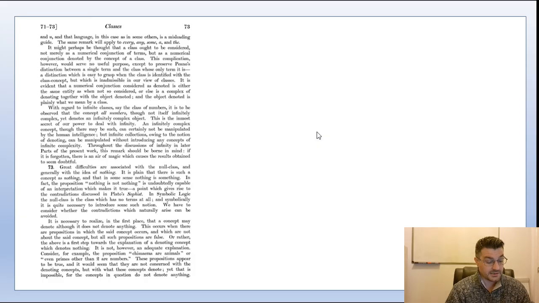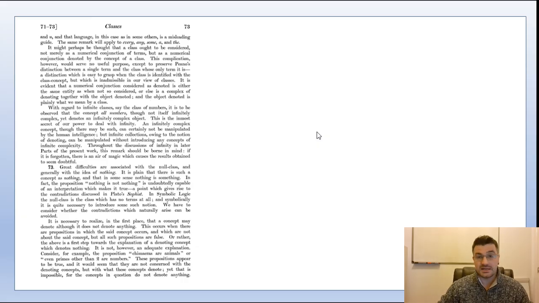So, the fact that we can denote infinitely complex objects, effectively using finite denoting concepts, is a great advantage to us. It allows us to symbolically manipulate these concepts of infinite complexity.